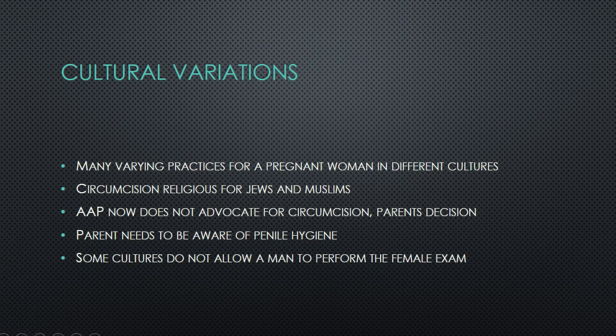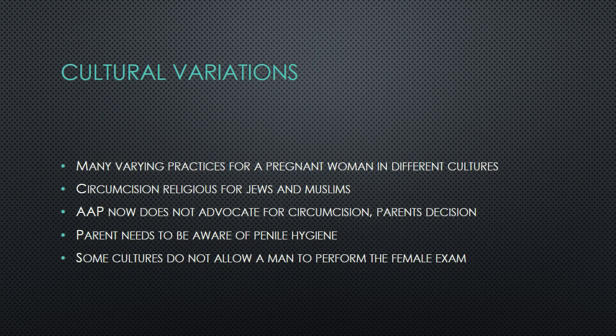Some cultural variations. There are varying practices for a pregnant woman in different cultures. Like the Chinese view it as a hot state, I believe. Certain cultures don't want a man to perform a female exam. Like Muslim cultures, they only want a female to perform the female exam.